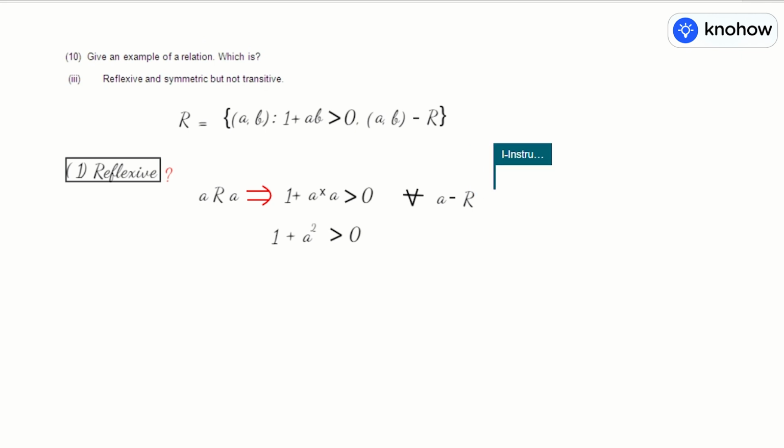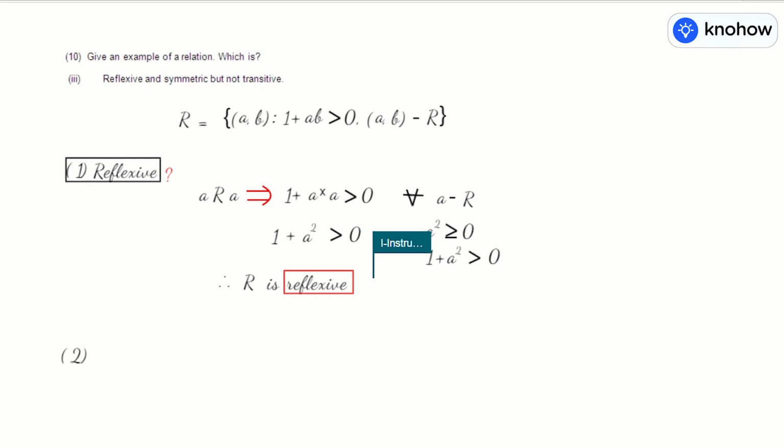Whether negative or positive, or even if 0, A square will remain positive or 0, and adding 1 to it, it has to be greater than 0. So we can conclude that 1 plus A square has to be greater than 0. So yes, the given relation R is reflexive.